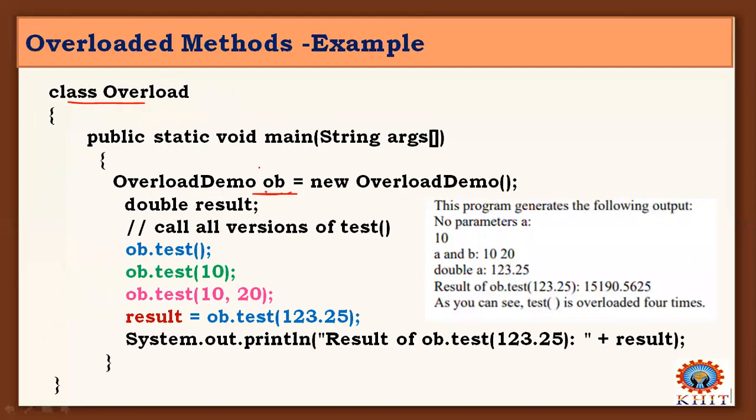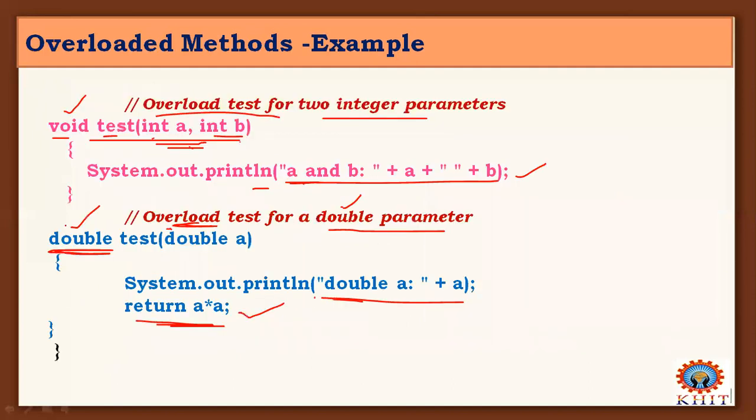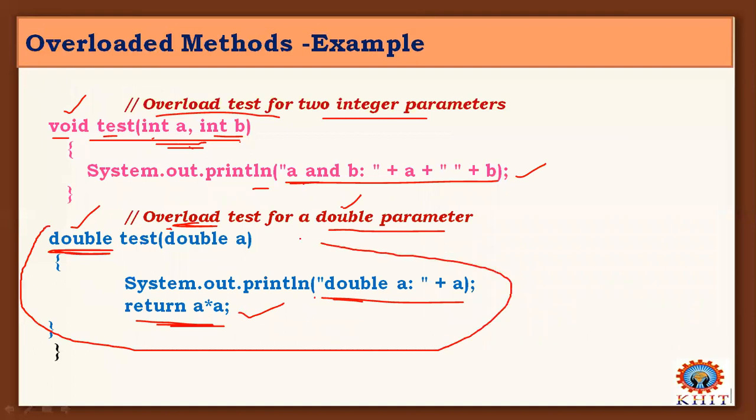This is the object of that OverloadDemo class, and I have used the new operator for creating the object and allocating memory for this, right? And coming to one variable called result of type double to hold the return value of the last method defined in the previous class, and this method contains return.